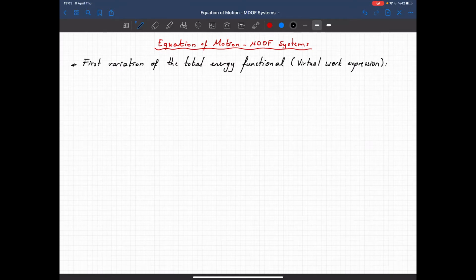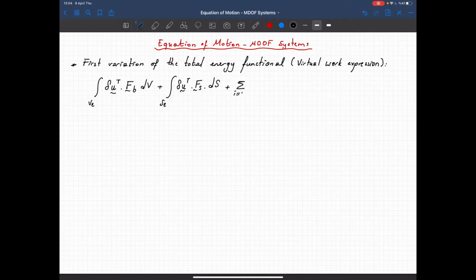So I'm just writing it for the most general case. So volume, the variation in the displacement multiplied by the body forces integrated over the volume. Plus I can have a surface loading. So the displacements multiplied by the surface load integrated over the surface, and I can have point loads.